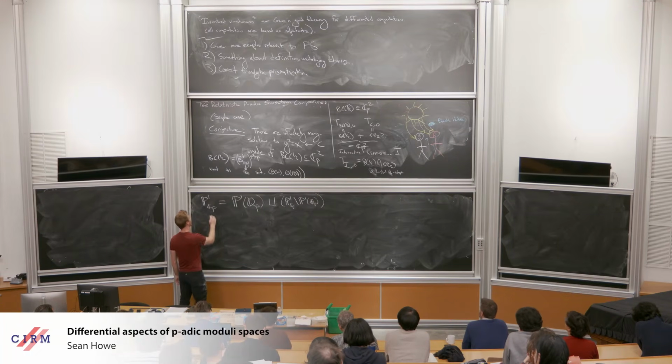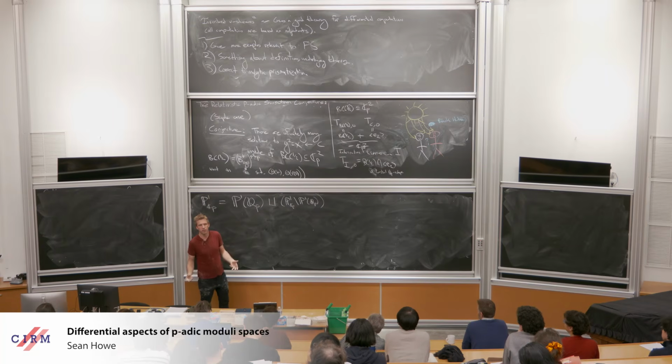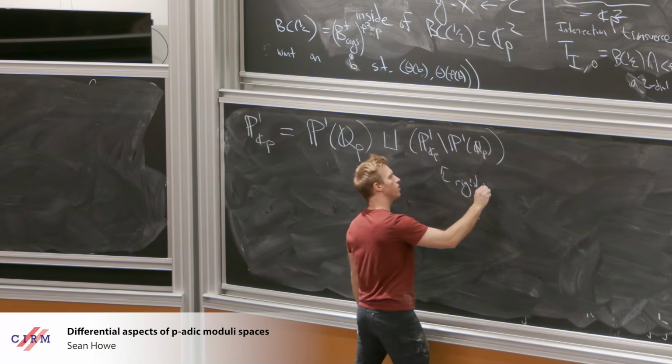And so the first case is P1 of CP. What I want to point out is that both parts of the strata are very analytic in nature. They just live in two different worlds somehow. So this is a rigid analytic variety over CP.